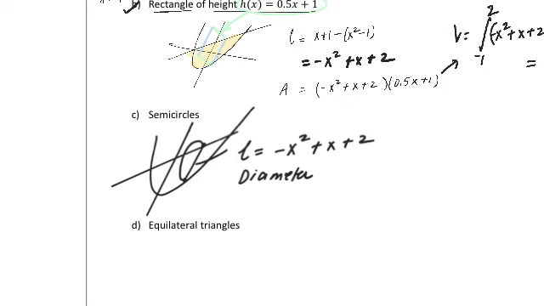This yellow region is still the same, but each of the y high minus y low, which is this thing, the length, is a diameter. So we've got to divide that by 2 to get the radius of these semicircles. The radius of a semicircle is half of the diameter. So then my radius is going to be negative x squared plus x plus 2 all over 2.